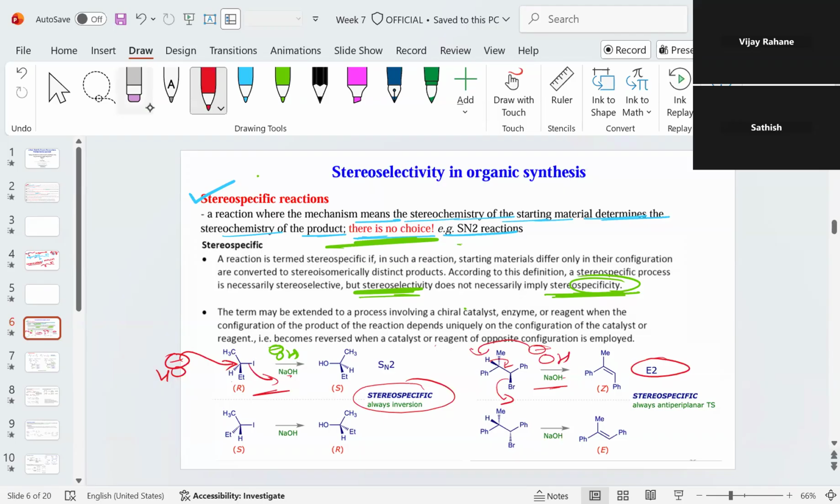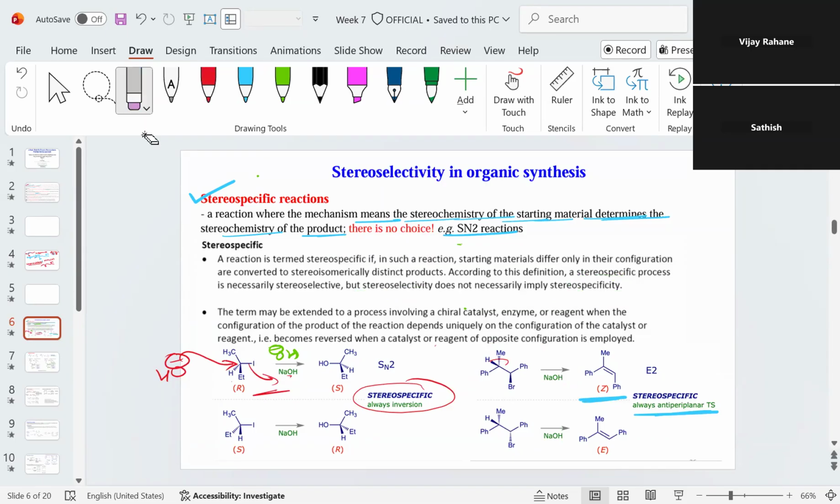Okay, anyway, we come to our concept: stereospecificity. In this case we get the Z product as the major product, and therefore this reaction is called a stereospecific reaction. So remember these two examples of stereospecific reaction or stereospecificity.